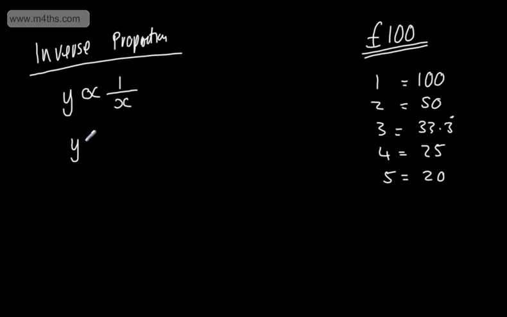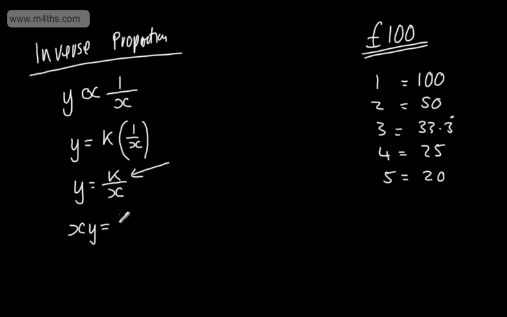I prefer to write this as y is equal to k multiplied by 1 over x, which we can write as y is equal to k over x, where k, again, is this constant of proportionality. Another way of looking at this is if we multiply x and y, this will always give us a fixed value, which we call a constant. This is where I'm focusing on now at this particular level, but this is interesting nonetheless.